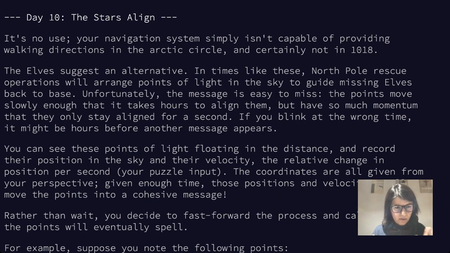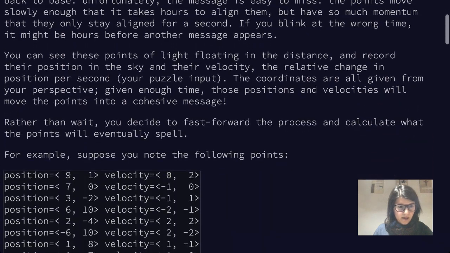So I guess we're told where they're moving coordinate-wise. The coordinates are given from your perspective. Great, we're at the center. Given enough time, those positions and velocities will move the points into a cohesive message. Okay. Rather than wait, you decide to fast forward the process and calculate what the points will eventually spell.